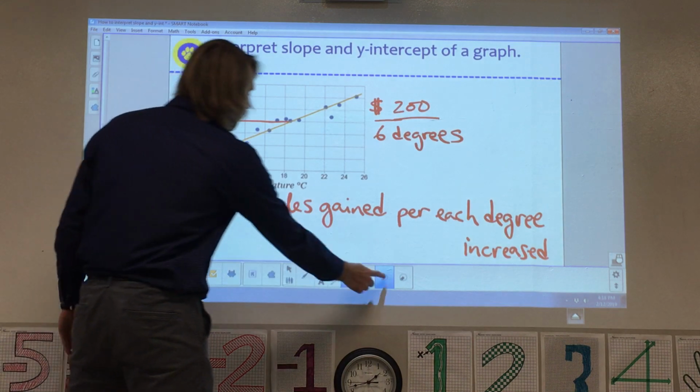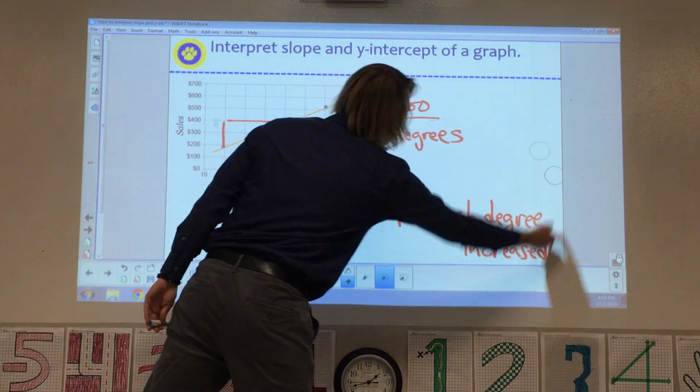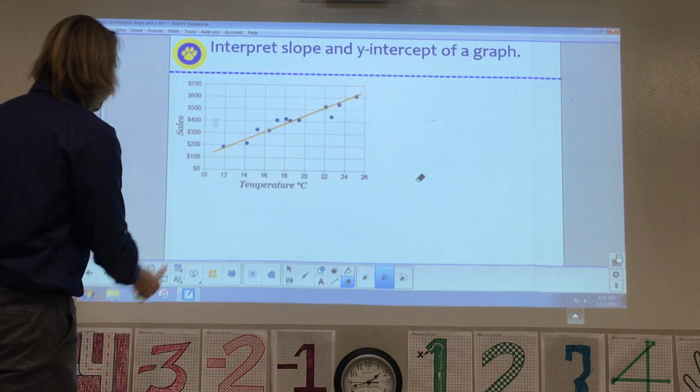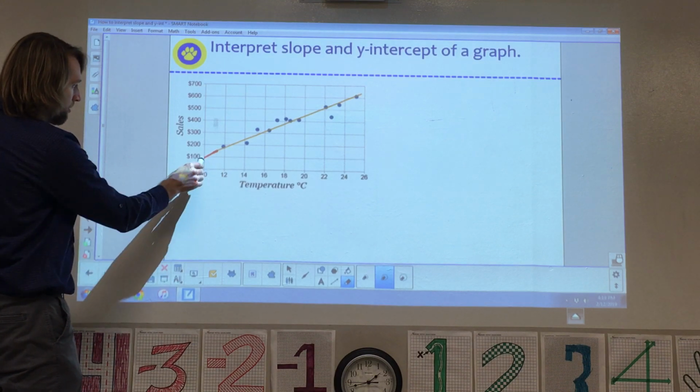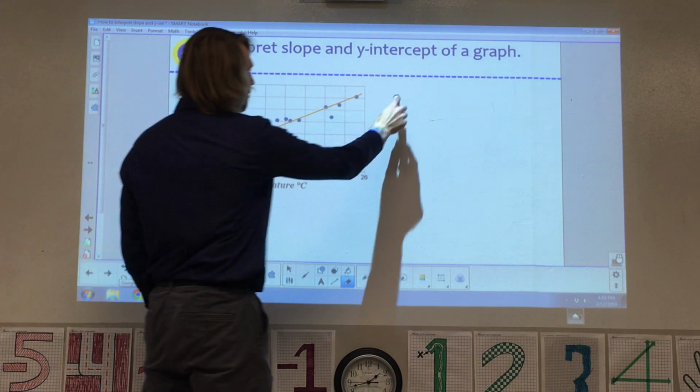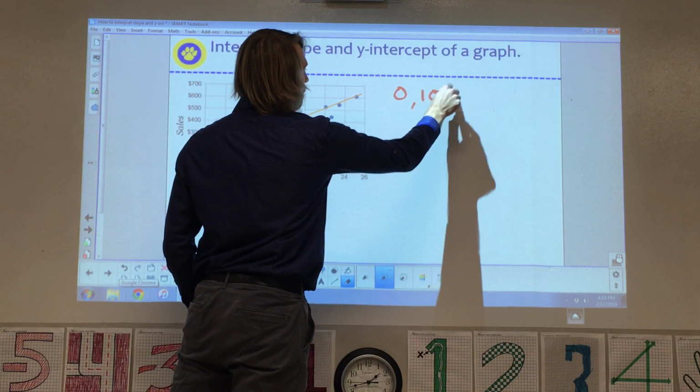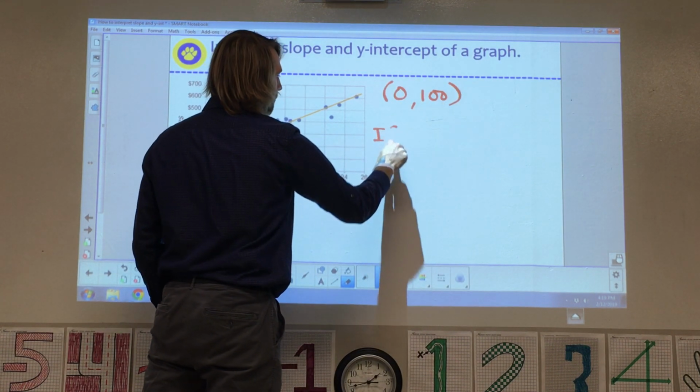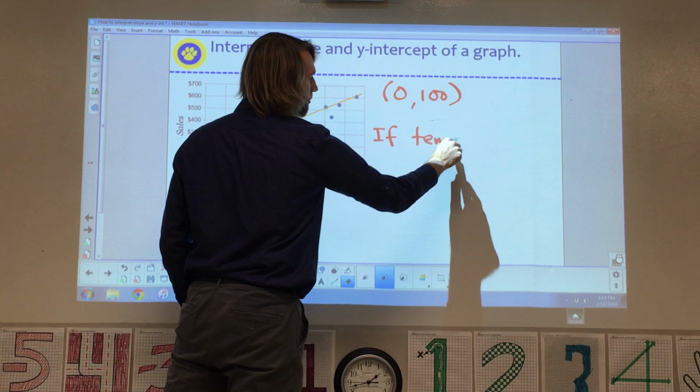We'll take a look at the next one. Again, we did slope already. We'll take a look at the y-intercept, which seems to be right around (0, 100). So, if the temperature is 0 degrees, I'll just call it temp, shorten it.